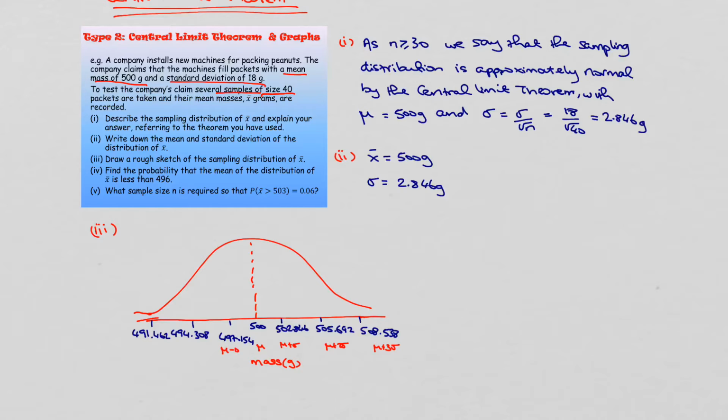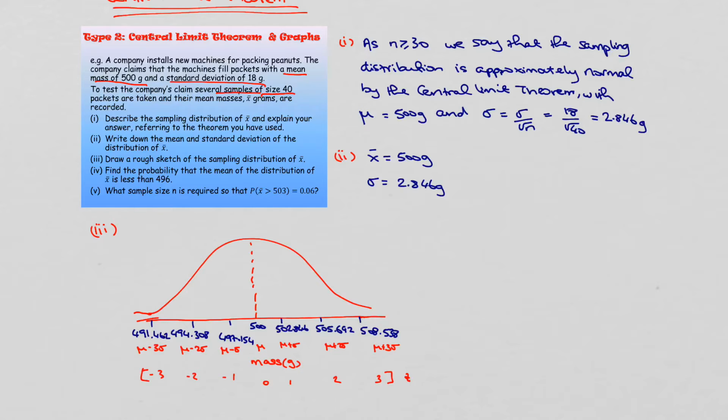This would be our mean minus 1 deviation, our mean minus 2 deviations, and our mean minus 3 deviations. Or if I was looking at it from a z-score perspective, we would have 0, 1, 2, 3, minus 1, minus 2, and minus 3. Okay, all right, so we've done our rough sketch.